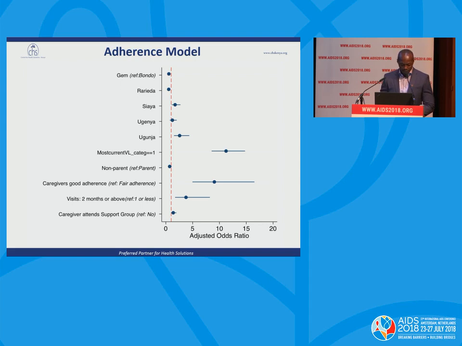Good adherence for the caregiver meant 9 times higher odds of adherence for the adolescents, and clinic visits more than 2 months apart were about 3 times the prediction of adherence for the adolescent.